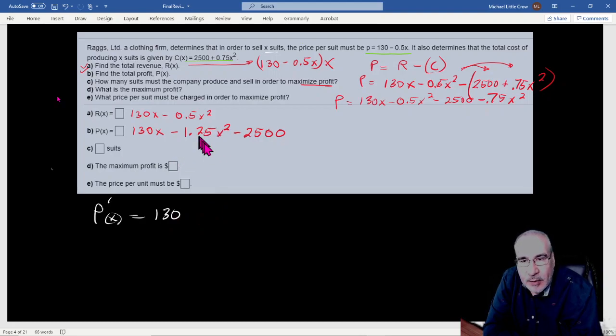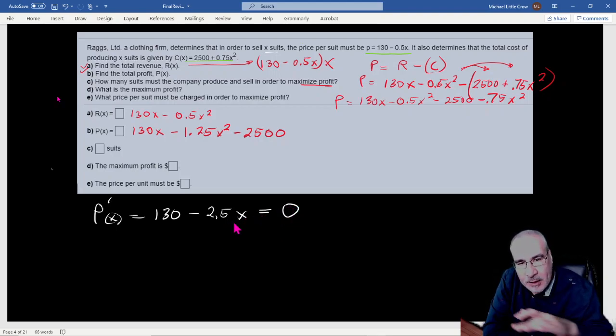Here we get the 2 coming down, so we get negative 2.5x to the 1 power, 2 minus 1. And the derivative of 2,500 is 0. That's our derivative. We want to maximize profit, so we set the derivative equal to 0. The tangent line is now going to have a slope of 0.